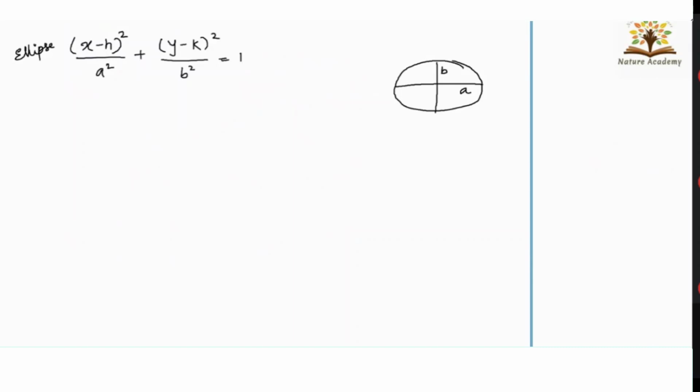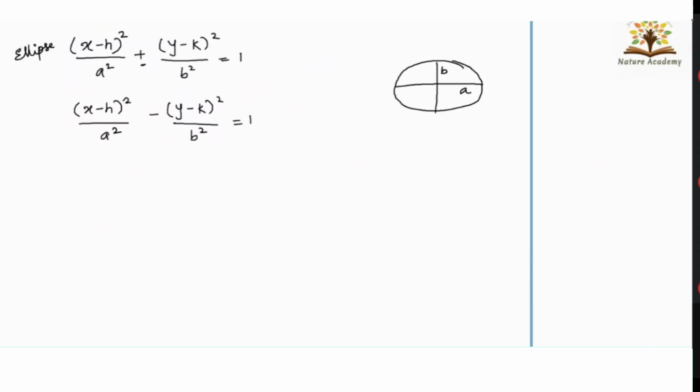But the same type of equation is also the equation for a hyperbola. It is the same type, but it is not the same. X minus h whole square by a square minus y minus k whole square by b square equal to 1. See here, what is the difference between these two equations? Only one sign.